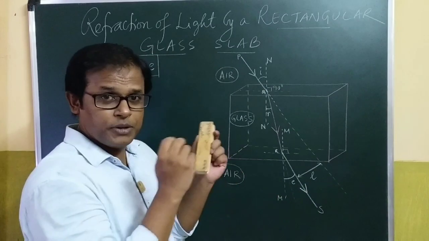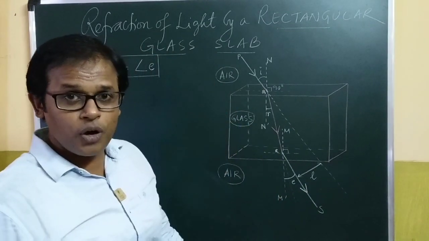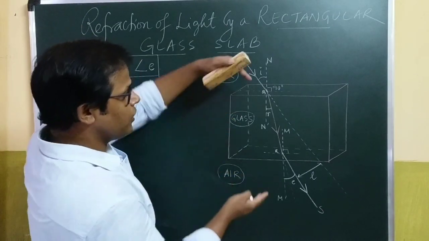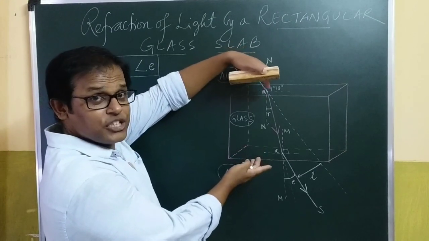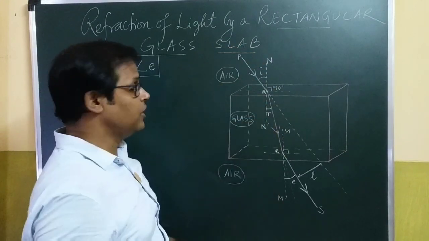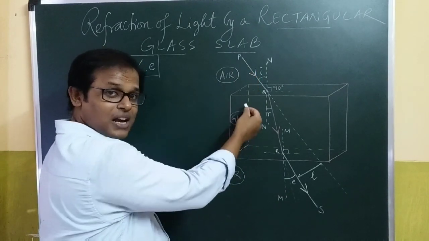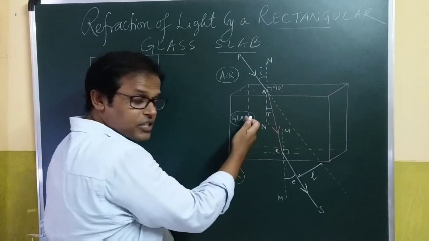Why is it so? Let me first of all talk theoretically, then I will show you a beautiful proof also. The simple reason is the opposite faces of the glass slab are parallel to each other, point 1. Point 2, when the ray of light passes from air to glass, rarer to denser medium, it bends towards the normal.